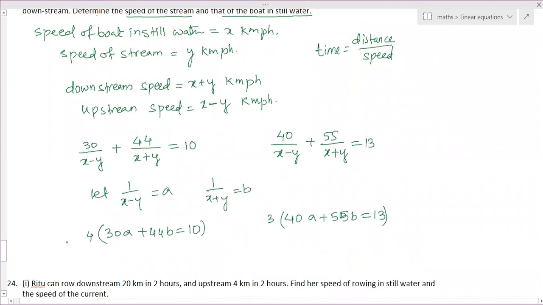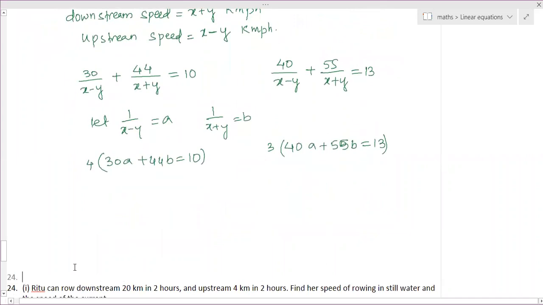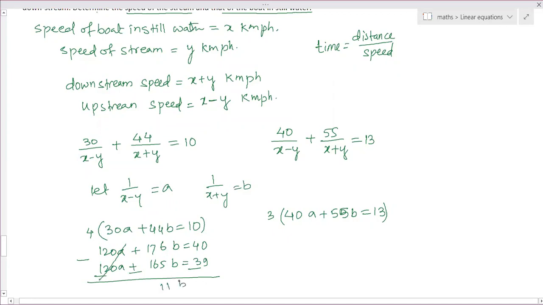LCM is 120. First write all those wordings, the initial sentences. Ma'am, is this the last question? Yes. B is equal to 1 by 11?